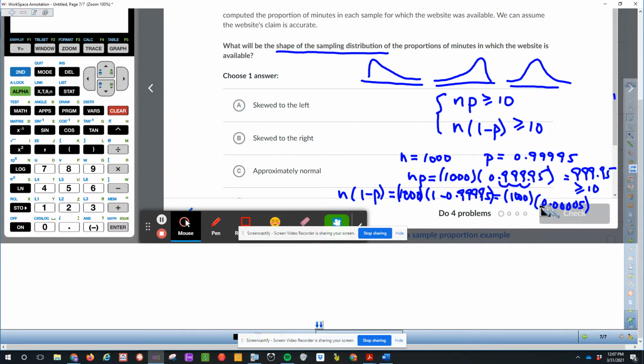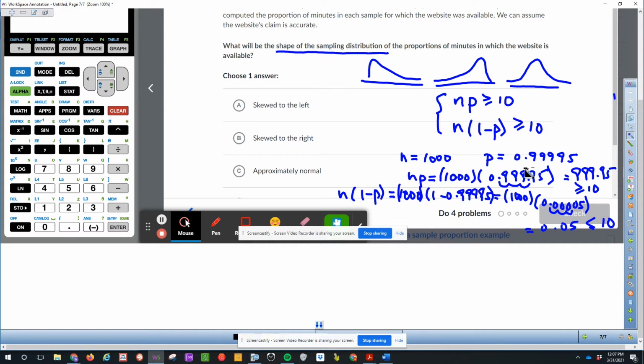If we multiply by 1,000, we move the decimal 3 places to the right, and the answer here is 0.05, which is less than 10.